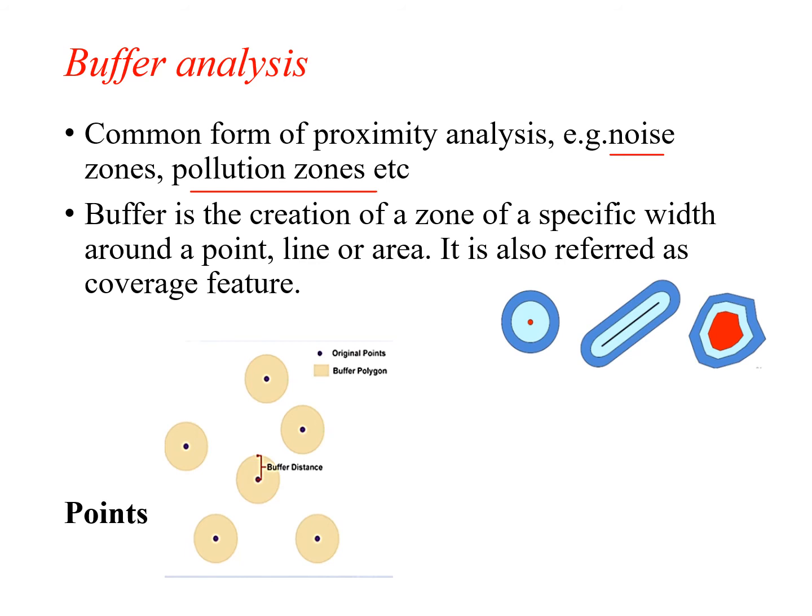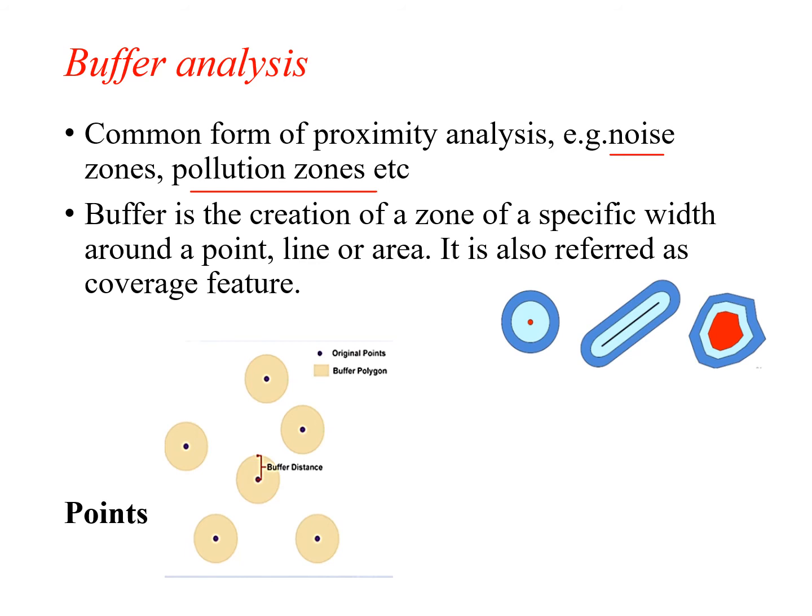Similarly, pollution: the industrial area in a city, so MIDC is the most polluted zone. How do you decide this? You give some certain value, above which, if the value increases, you call it a particular zone.